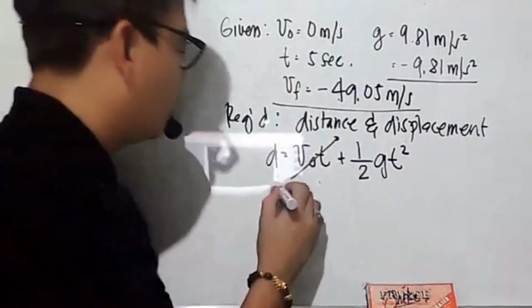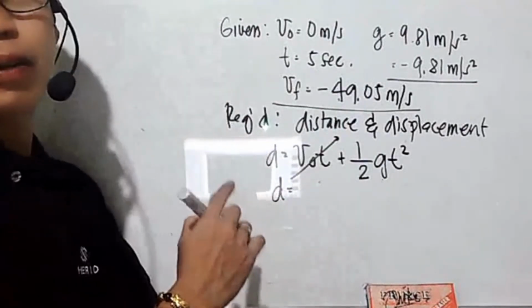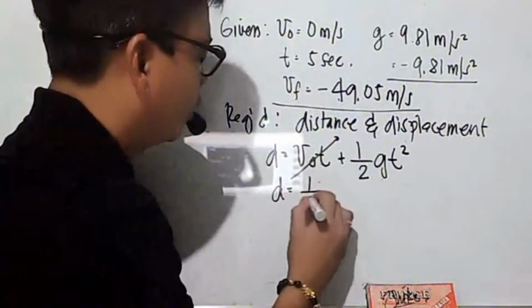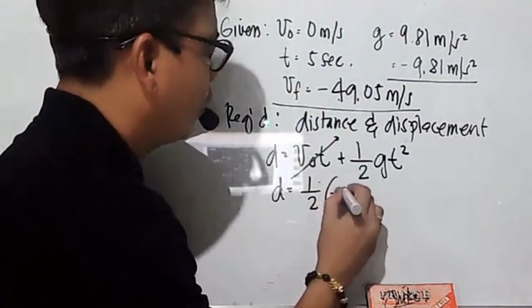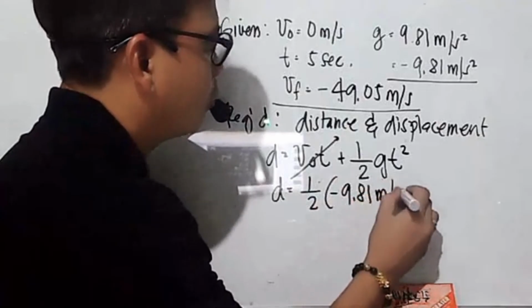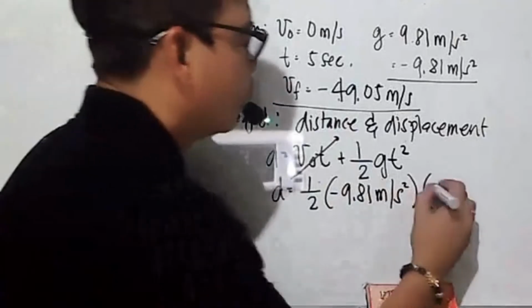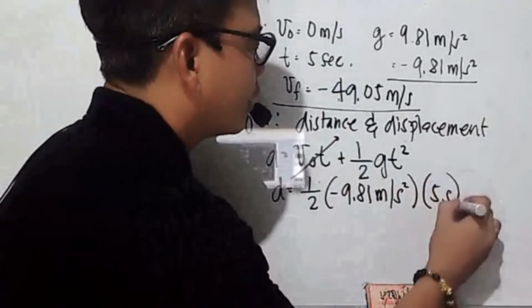Okay, next is we substitute the values. So 1/2, okay, what is 1/2 of g, which is negative 9.81 meter per second squared multiplied by your time squared. So it is equal to 5s squared.